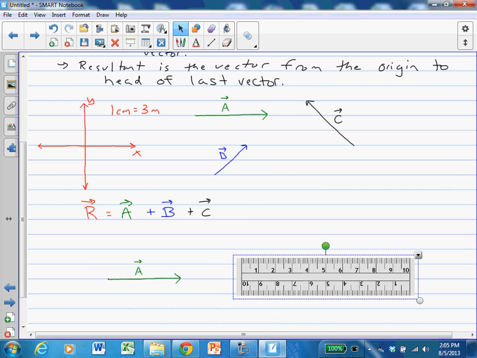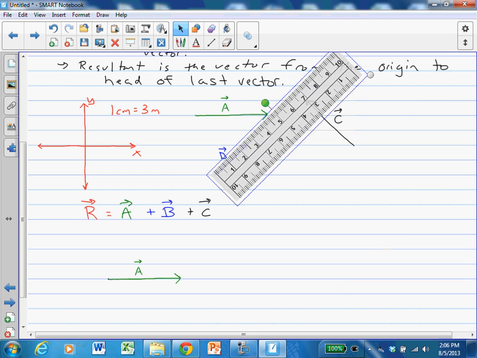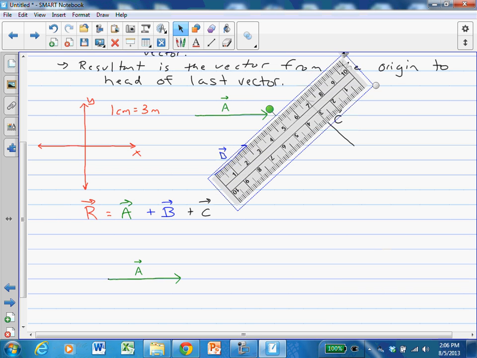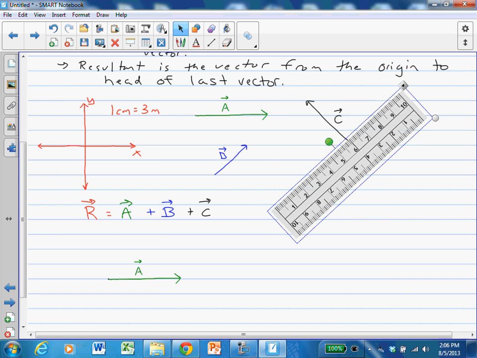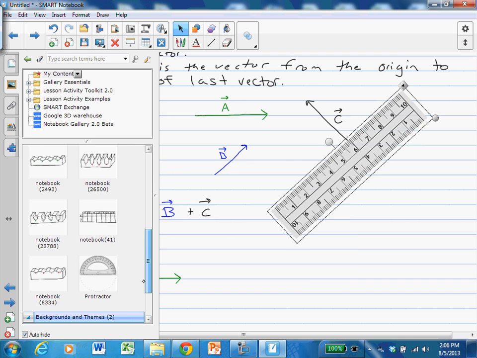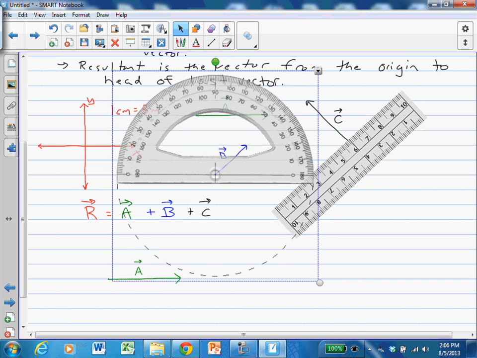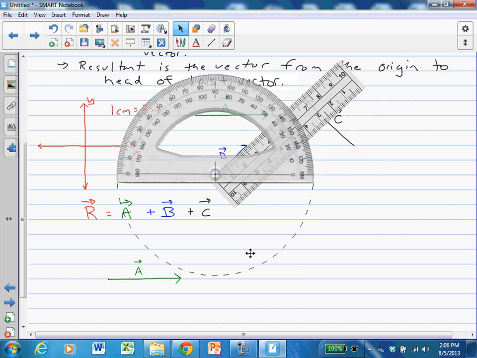Now B, I would see is 2.6 centimeters, and it has a direction of, if I put the center crosshairs there, extend the ruler along since it's already there, 42 degrees.